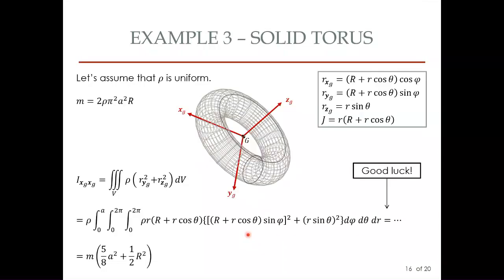Okay, so now we need to construct the integral. I'm giving you the xx component. So xx is this. It has the ry squared plus rz squared. And I'm substituting here y and z, squared.